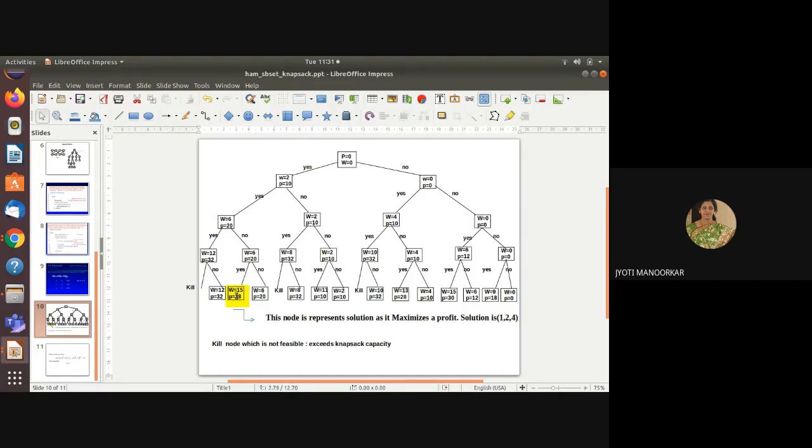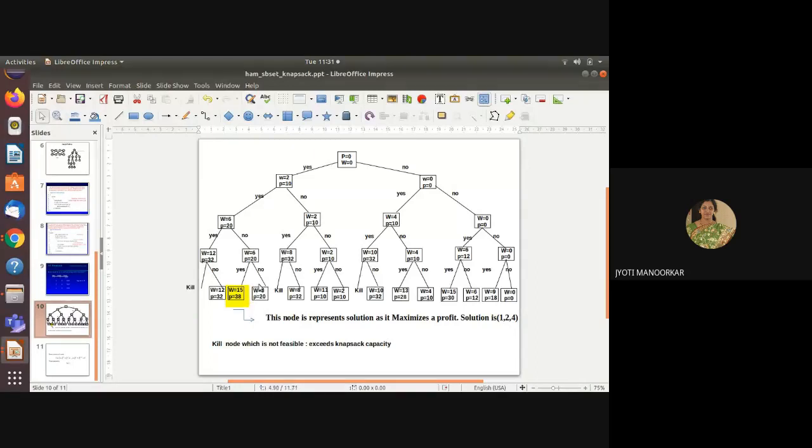So here I am updating W is equal to 15 and P is equal to 38. Similarly, can you create the right child for this node? The right child represents that we are not including that particular element. So at this level, if we are not including the fourth element, the weight will remain as it is and P will also remain as it is.